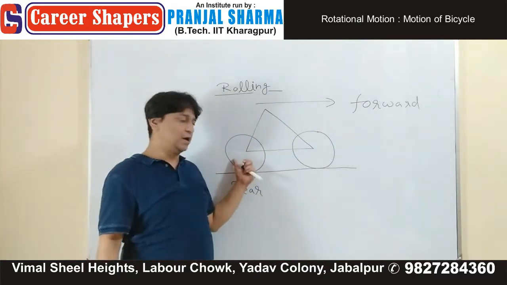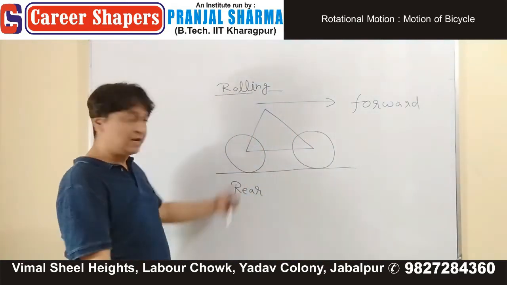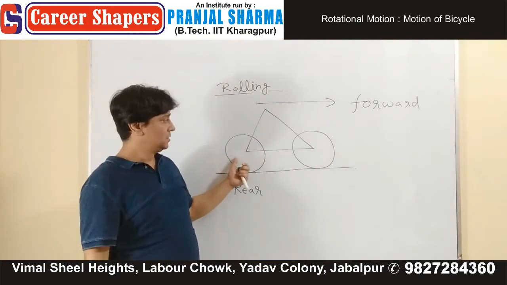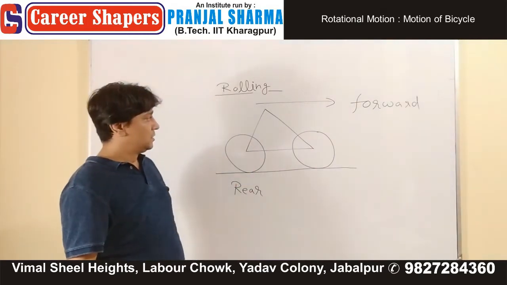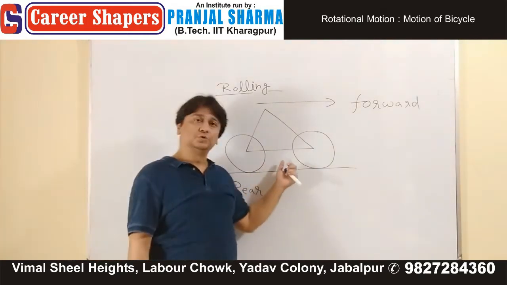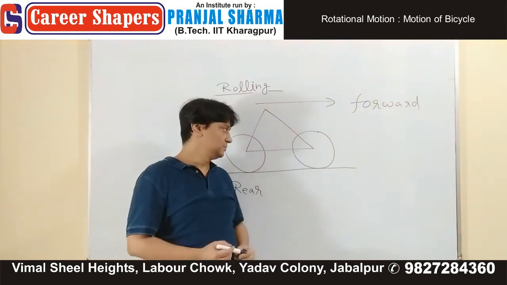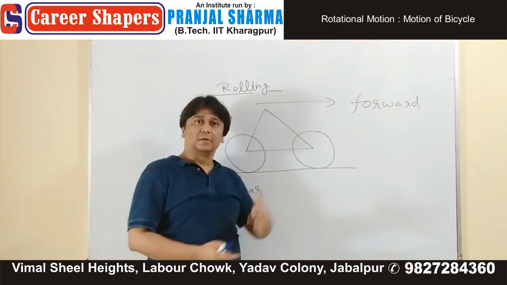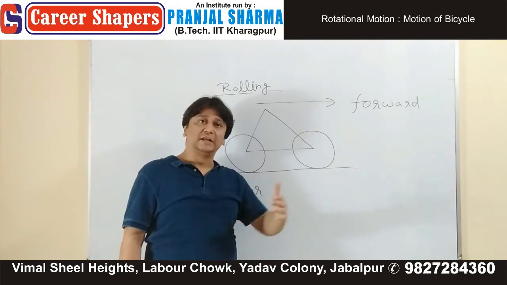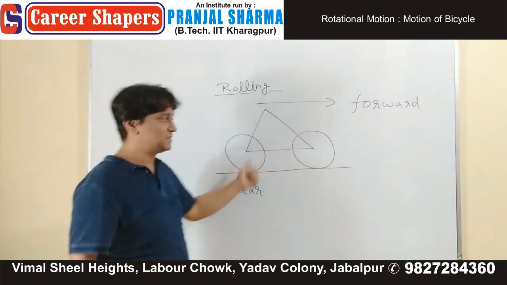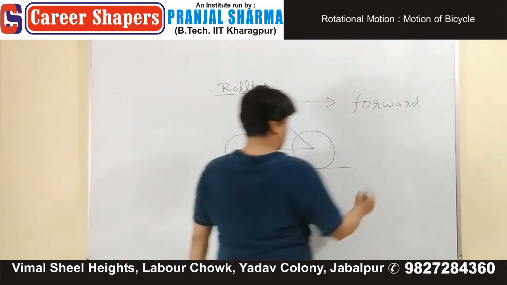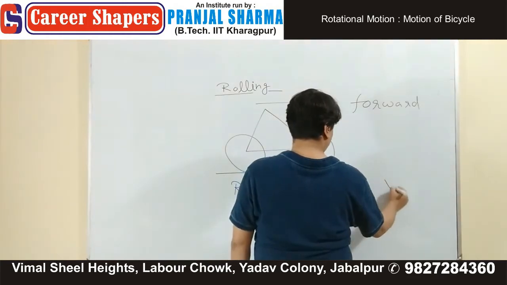Forward wheel, rear wheel, and it's a rear wheel drive, it's your bicycle. The moment you start paddling this thing, what I'm saying is you start increasing velocity of the bicycle. We are trying to increase V.